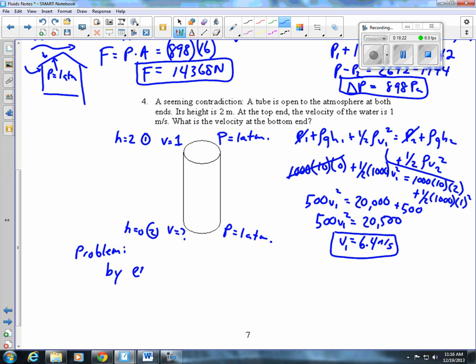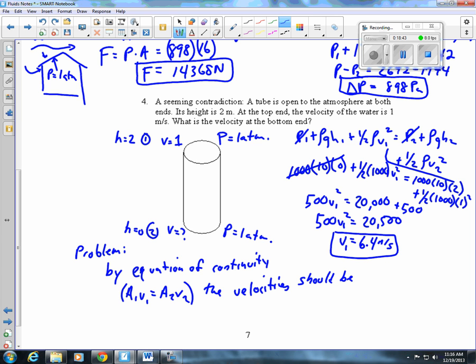By the equation of continuity, that's the A1 V1 equals A2 V2, the velocities should be equal, because the areas are equal.